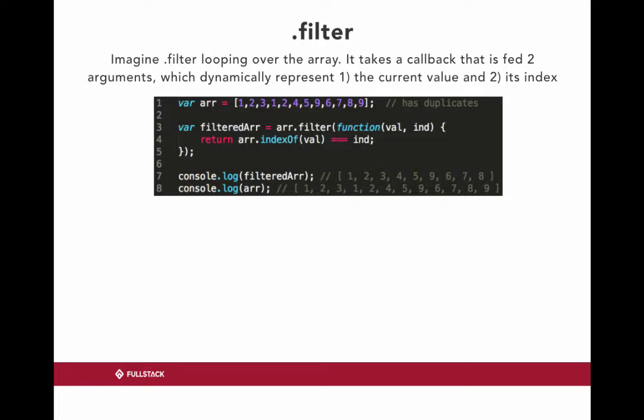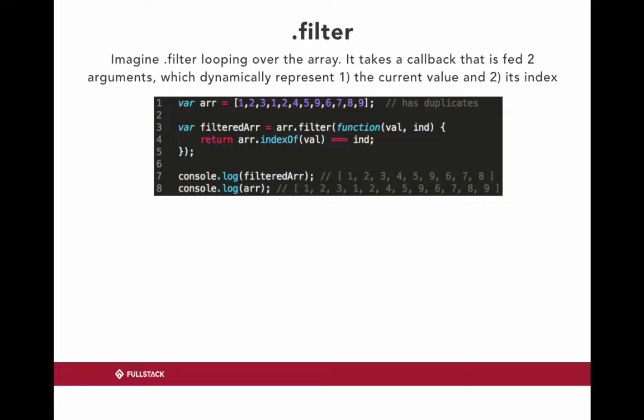Yeah. And so we are calling .filter on the array, and here is the open parens, and here is the close. So inside of here is the argument that we're feeding .filter. You'll notice what it is. It's a function, and that function expects 2 parameters. One I've called val, and the other I've called in.